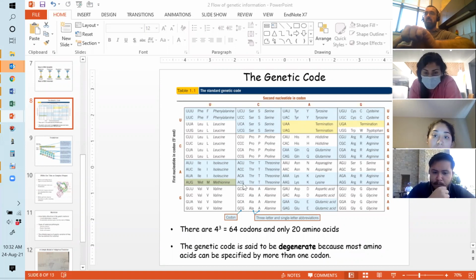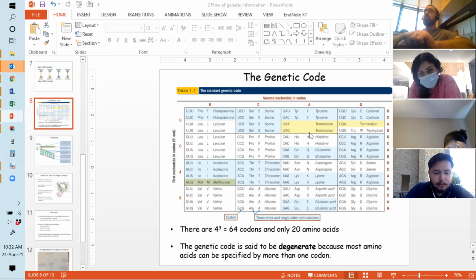We have this one here. Methionine is our start codon. It's at the beginning of every protein, bacterial, archaeal, eukaryotic, whatever, at least at the beginning of translation. We also have 3 codons which are not recognized, which don't have a tRNA.